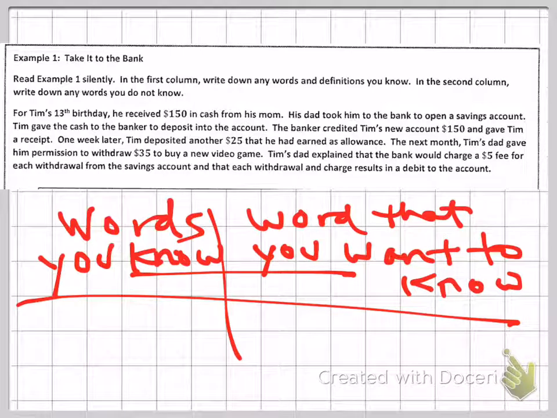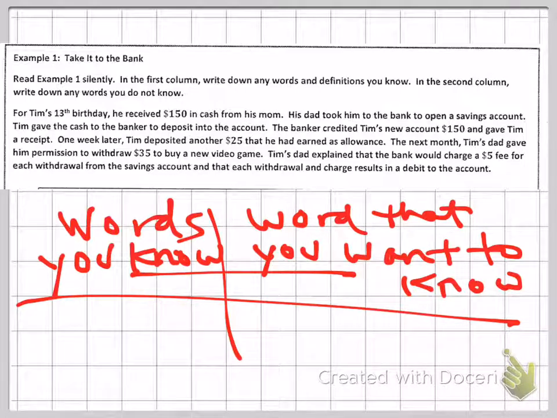So here we go. For Tim's 13th birthday, he received $150 in cash from his mom. His dad took him to the bank to open a savings account. Tim gave the cash to the banker to deposit into the account.